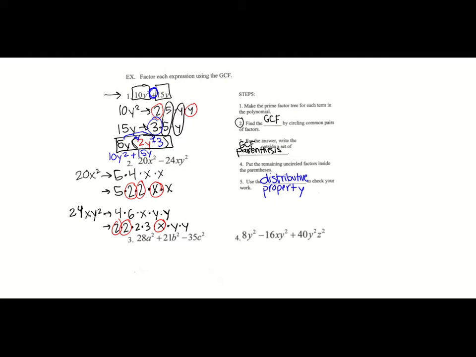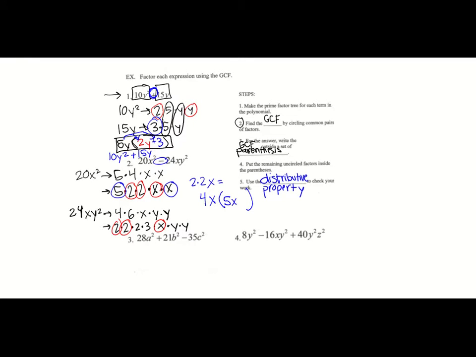Okay, so now for the answer, I write my greatest common factor outside. So my greatest common factor would be 2 times 2, which is 4x. So I'll write that here. 2 times 2x is equal to 4x. And then I'm going to have my parentheses. And my first set of parentheses, I have 5x.